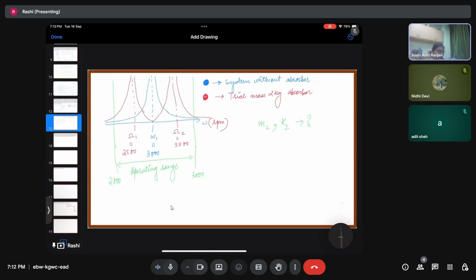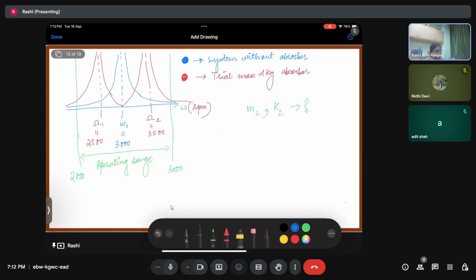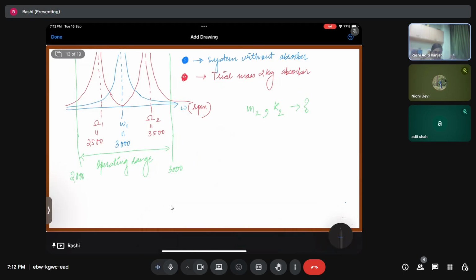I do not have the value of mass and stiffness. So if I'm designing my system, I first need to know the mass of my system, so that on the basis of that, we can find out the value of the new mass. The first step is to find out the mass of my system other than that of the absorber.